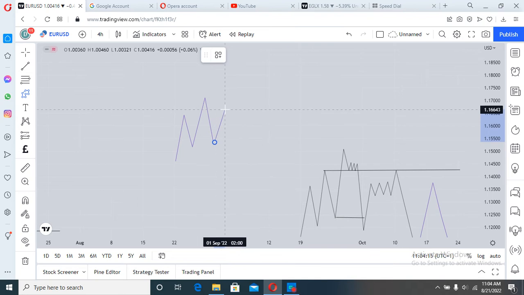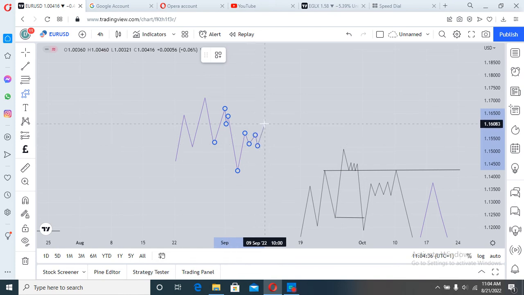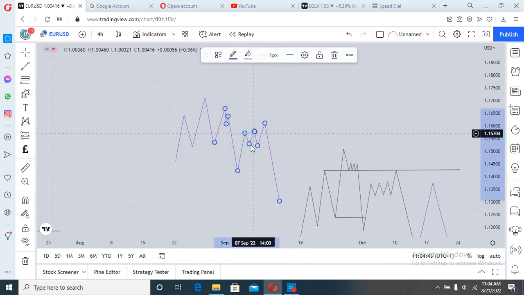It failed to create a new high, and once it does that, it creates an area of supply and then breaks structure. After it breaks structure, you're expecting to see a pullback. You start to see a pullback, it taps into the area of supply, and then continues, changing direction to be bearish.